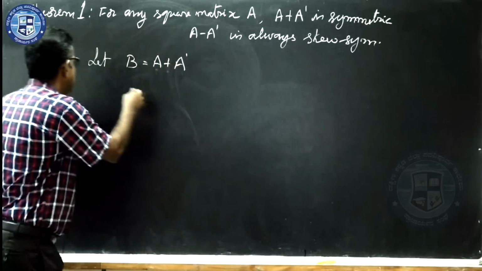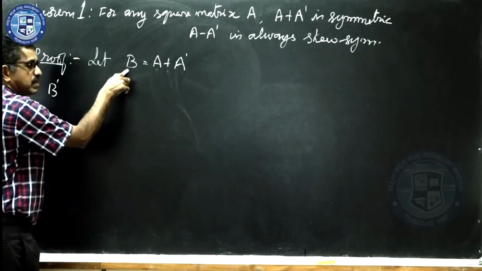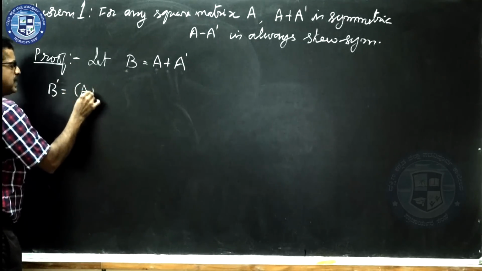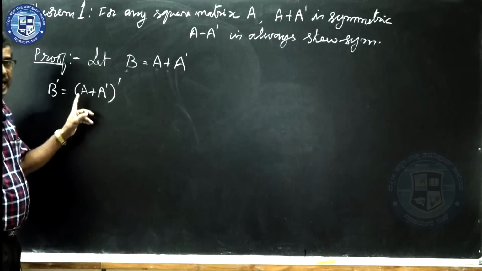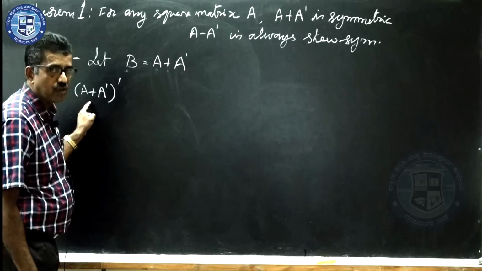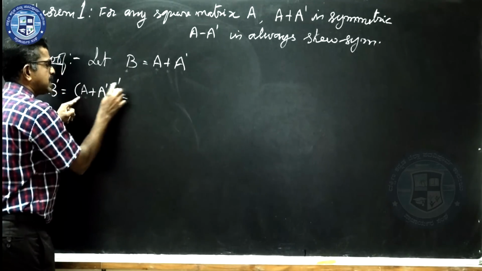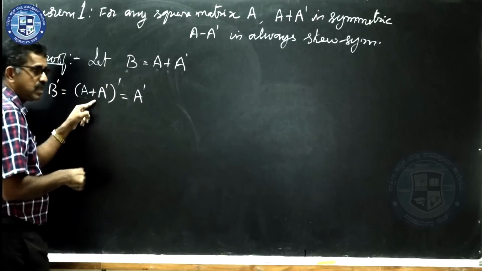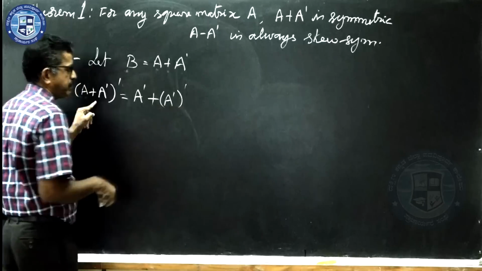Therefore, I begin with B transpose, the transpose of this. B transpose is the transpose of A plus A dash. There is a property of transpose: x plus y its transpose is x transpose plus y transpose. Therefore I write A dash plus A dash dash.